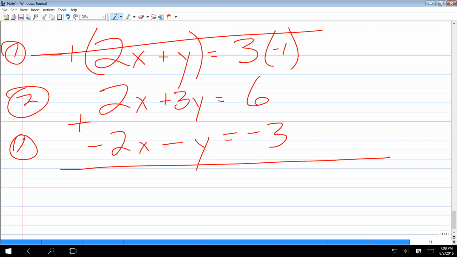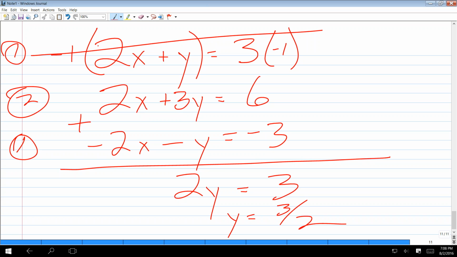I eliminated x before, but notice this is a little bit easier arithmetic. 3y minus y is 2y. The x's go away, and I'm adding 6 and negative 3, so that becomes 3. So now I still end up with 3 halves, but I didn't have as many negative signs to deal with.